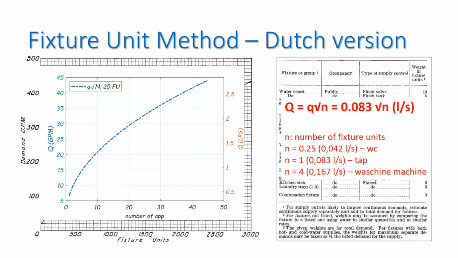So a toilet is typically a quarter of a fixture unit, a kitchen tap or bathroom tap is 1, and a washing machine and a dishwasher would be 4. So you first convert all the maximum flow rates for each tap to fixture units, and then you add those, and that's the number of fixture units for your apartment.